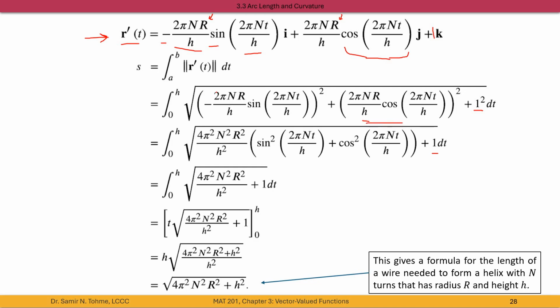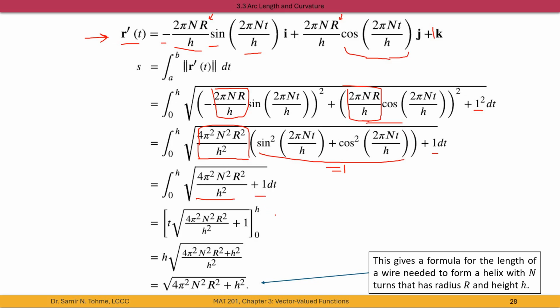And we will factor out, since we have a common factor, 2 pi n r over h, and 2 pi n r over h. We will factor it out after squaring, and we will have inside sine squared plus cosine squared. Sine squared plus cosine squared is already equal to 1. So multiplying 1 with this constant term will give you the same term, plus 1.